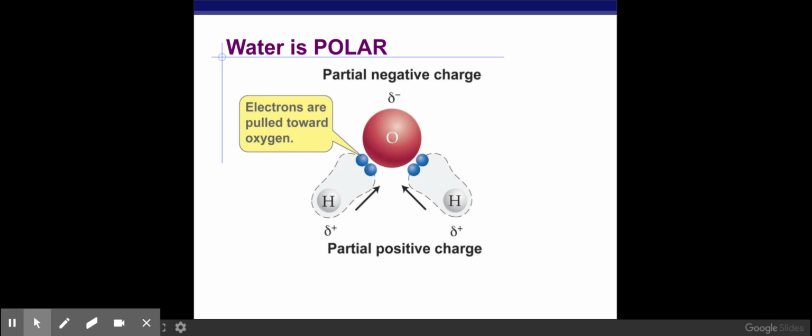Now, if we look at the chemical formula or the structure of a molecule of water, it's just H2O, right? So it's two hydrogens covalently bonded to one oxygen. Now, this is going to be important.